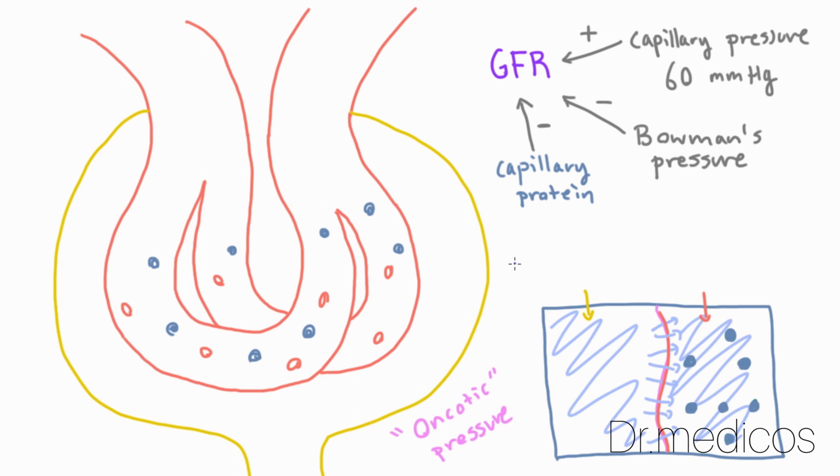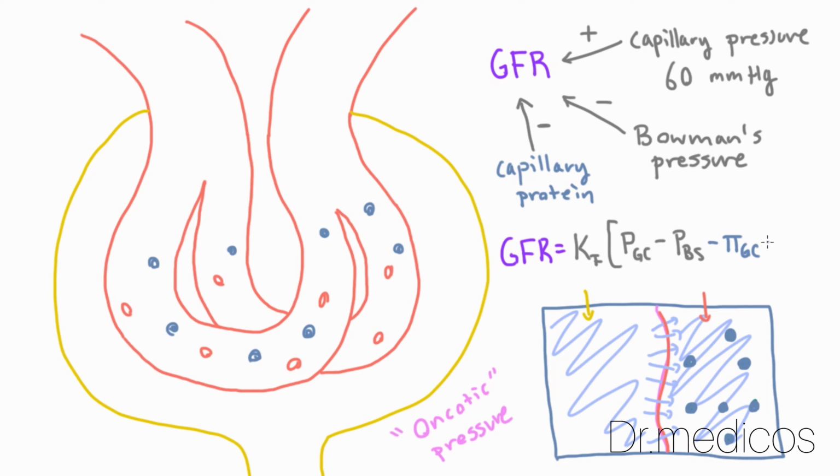So this leads us to the equation for GFR, which is that GFR is equal to some constant times the pressure in the glomerular capillaries minus the pressure in Bowman's space minus the oncotic pressure from the glomerular capillaries.